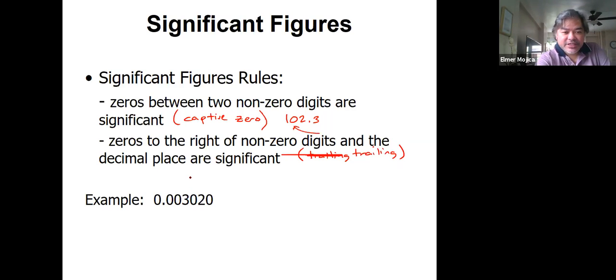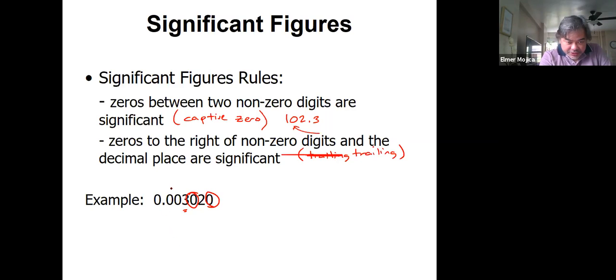So the example that I have there is this one. The zeros being mentioned here are this and this. Zeros to the right of non-zero digits. So this is a non-zero digit, and you have a decimal place here.